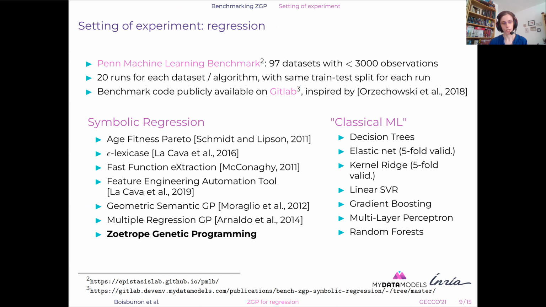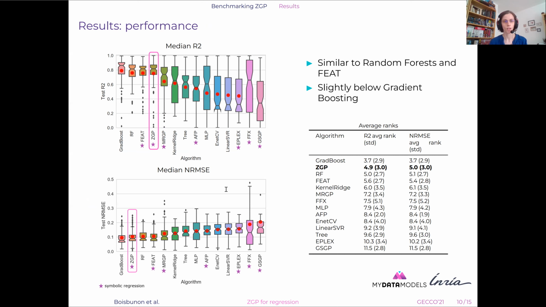But we added, obviously, the GP and also a more recent symbolic regression one, which is FIT. So here are the results in terms of performance in R2 on the top here, or in normalized root mean squared error on the bottom here. The symbolic regression algorithms are marked by a star.